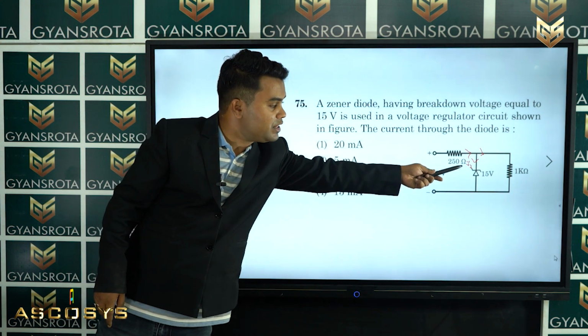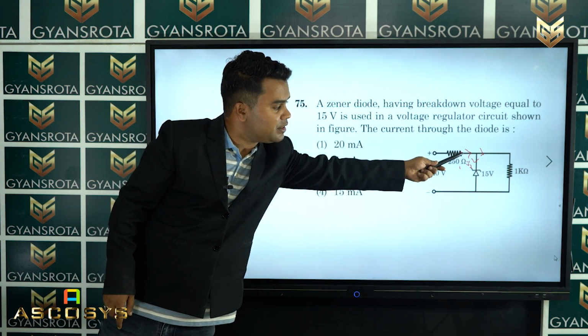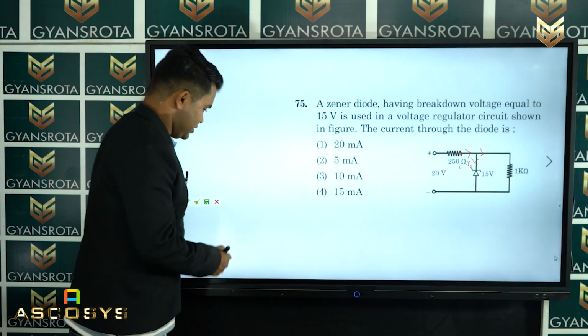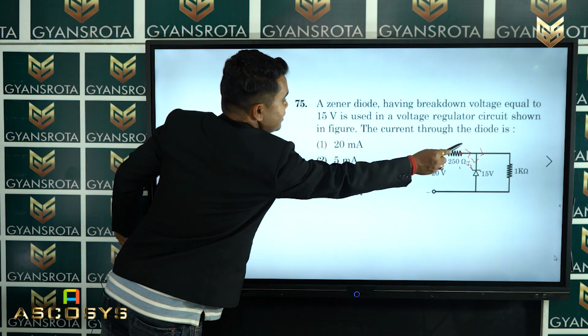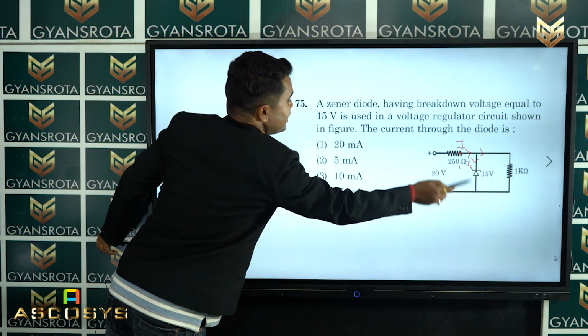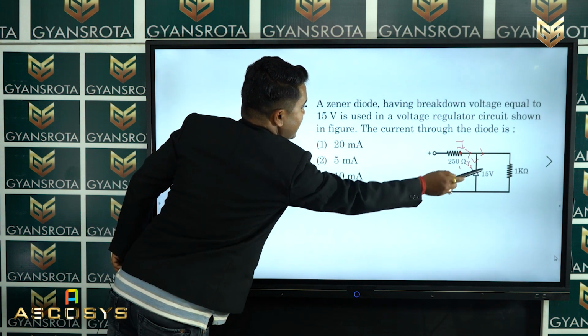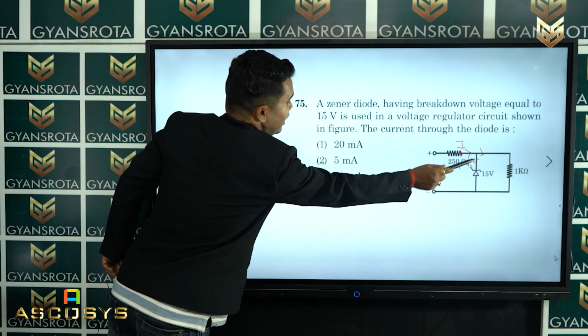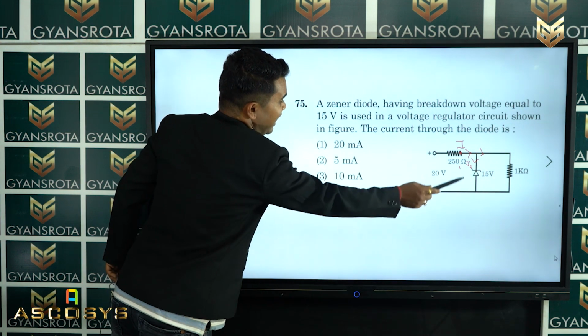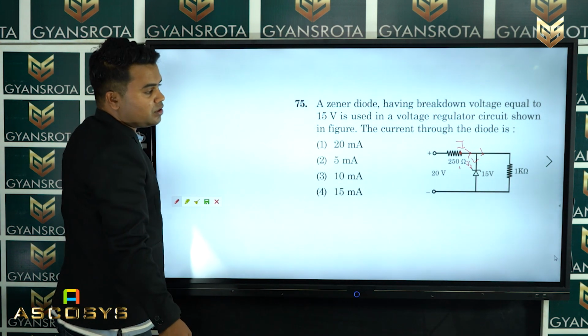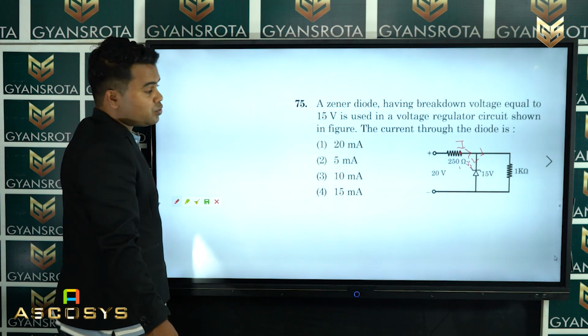Now you need to find out this current I. Current I is flowing across, this is I1 and this is IZ. So I1 is known to you, IZ you need to find out. V equals IR you have to do.